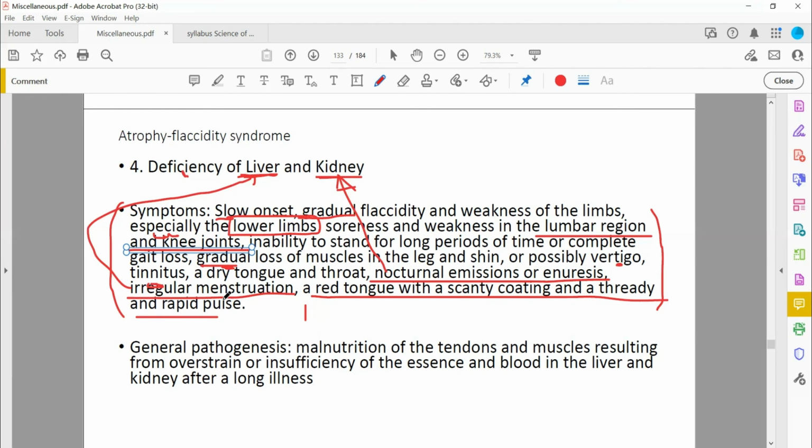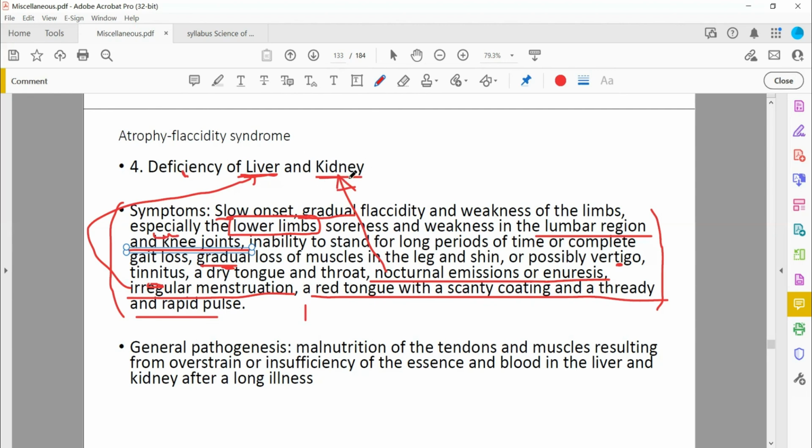And in your case study, theoretically, when you read this, you didn't see very clear liver signs, right? You can just use kidney essence deficiency.